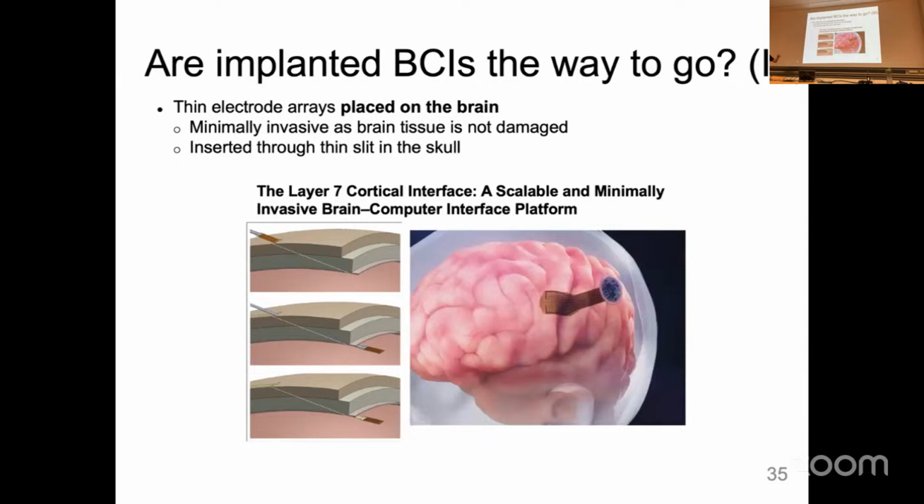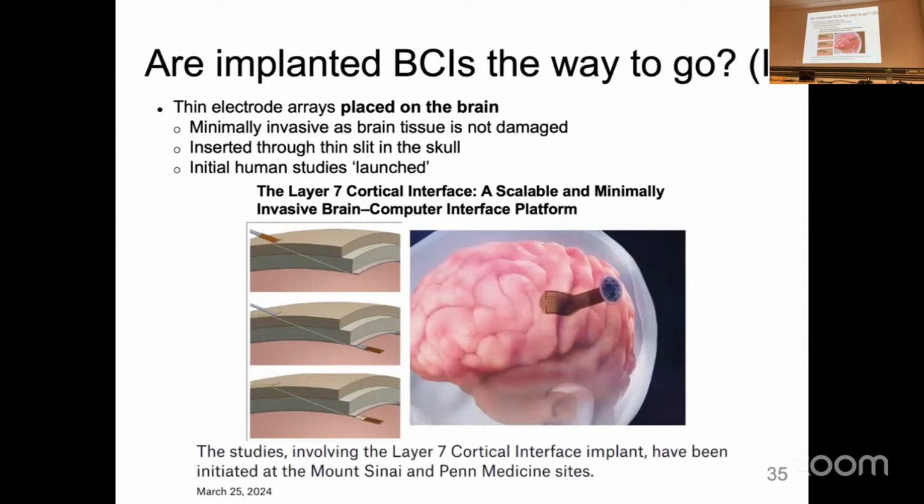This is what this might look like, okay? This also is at quite an early stage, but initial human studies have been launched, in March this year. So it's not entirely clear, but this is also a cool idea. And I guess Neuralink, of course, does something similar and has shown results, right? So this is definitely also an interesting route to go.